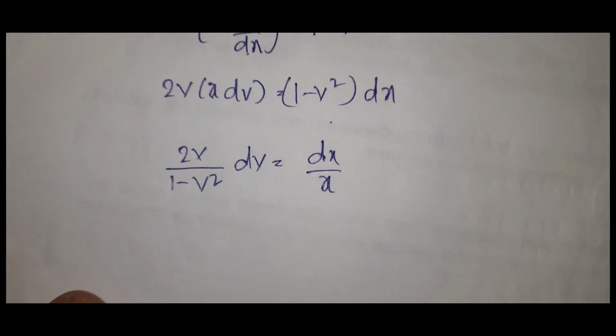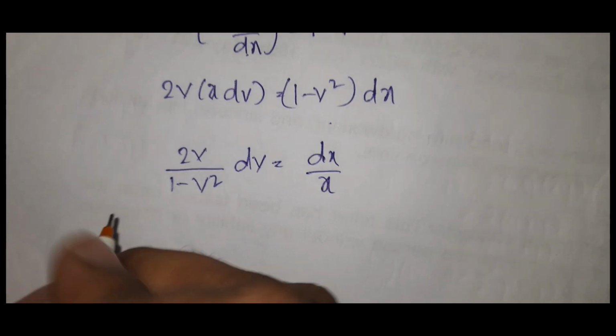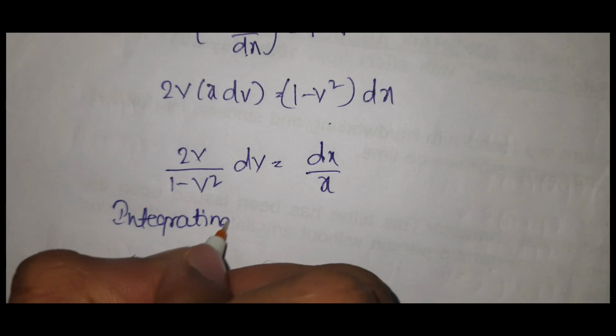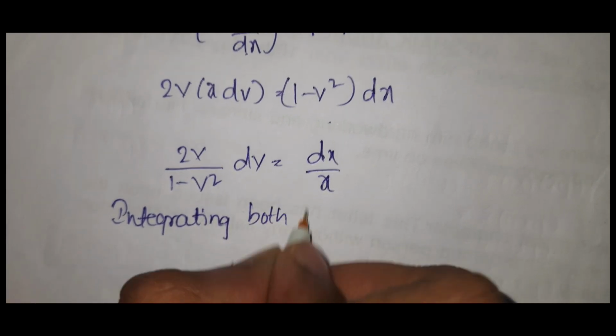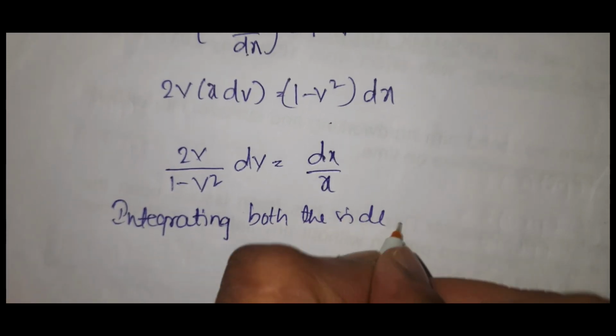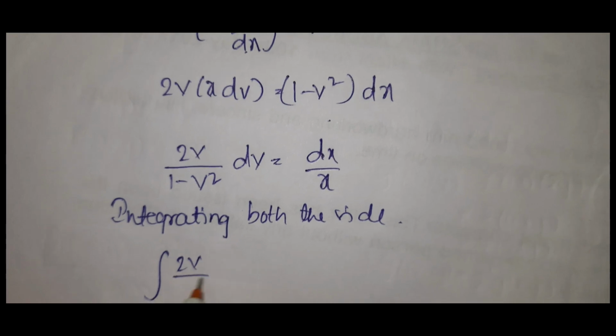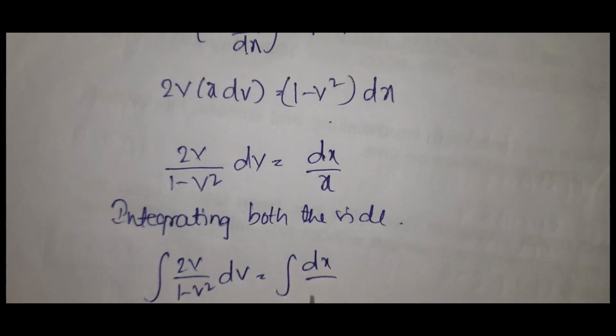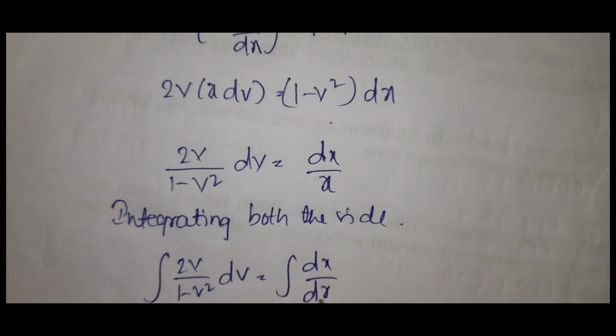Got it? Now what we have to do is integrate. Now we are integrating both the sides: 2v by 1 minus v square dv, dx by x.